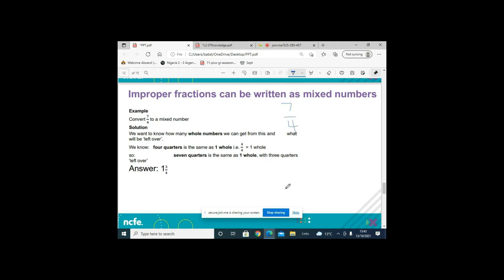To convert it, you have to check how many times 4 goes in 7. 1, so you add 1 whole number. What's the remainder? 3. So 3 over 4. Is that the one they say 1 whole number 3 over 4? Yes, 1 whole and 3 over 4.